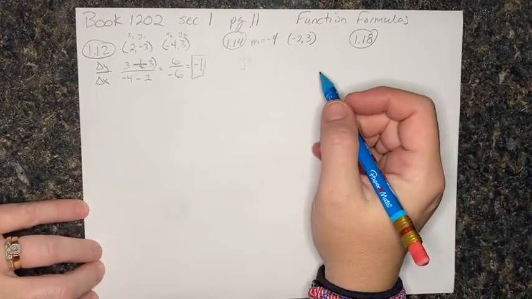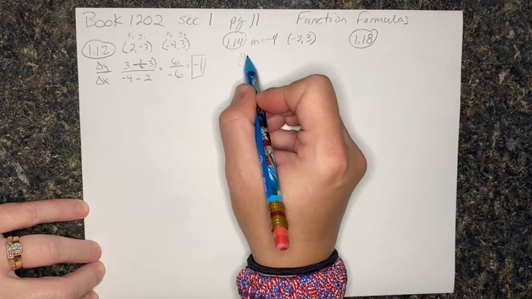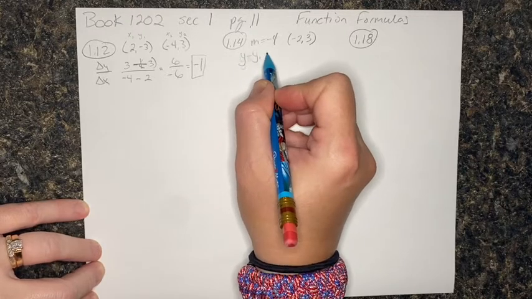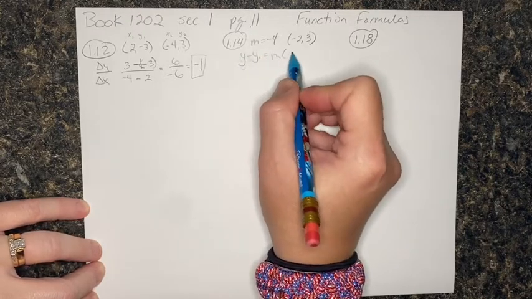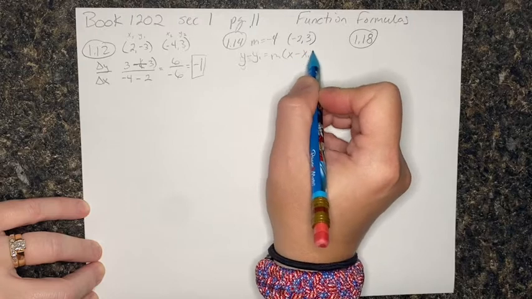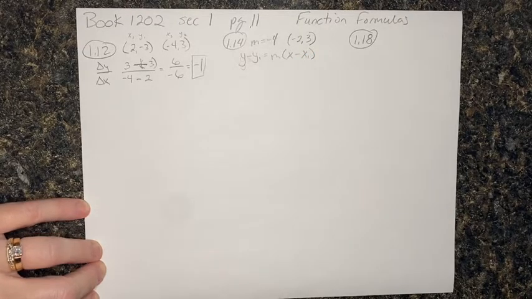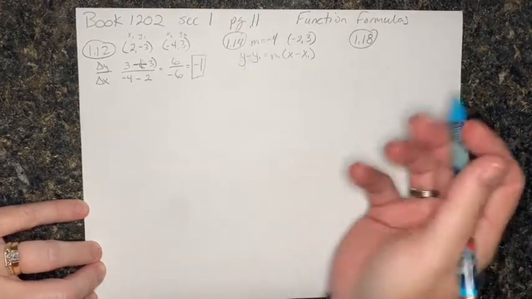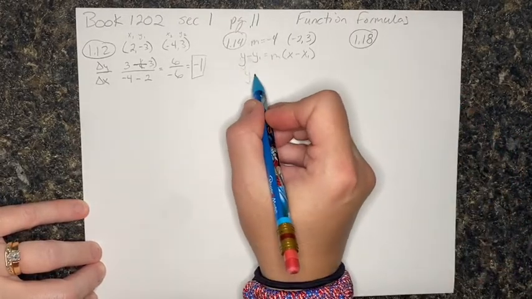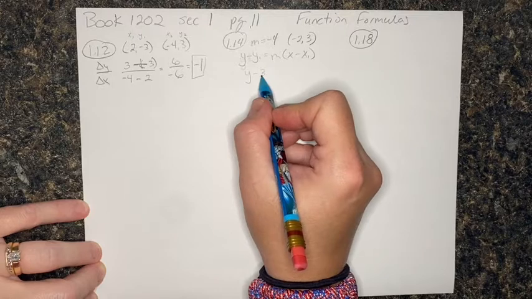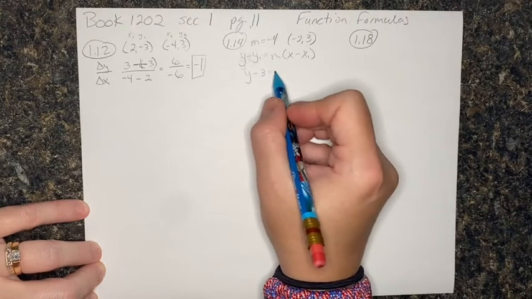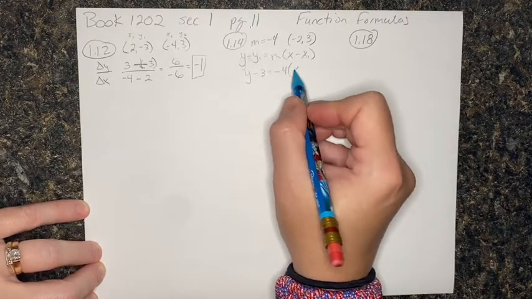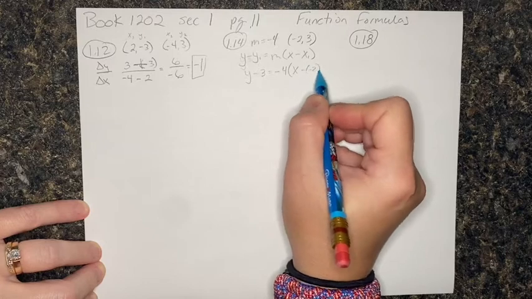Our point slope formula is y minus y sub 1 is equal to m times x minus x sub 1, where the y sub 1 and the x sub 1 represent the point, and the other x and y just stay there. So I've got y minus 3 is equal to m being the slope, or negative 4, times x minus negative 2.